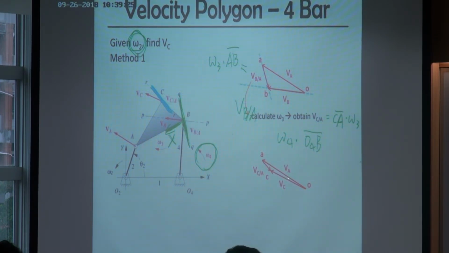You simply add VA and VCA, we can get VC. Any question for this one?